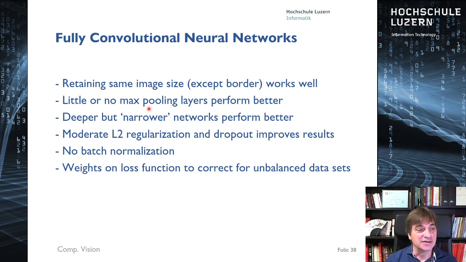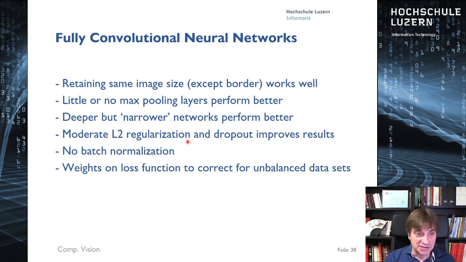We also tried with and without pooling layers and found that pooling layers did not improve the performance. It was better not to have them. It was also better to have deeper but narrower networks, so not so many channels in the intermediate steps, but a deeper network which has a larger region to process.